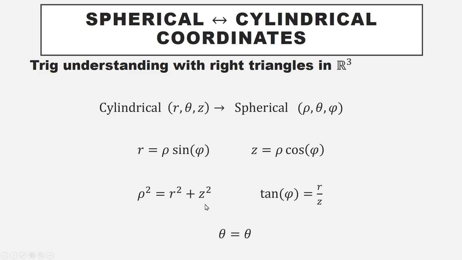This is probably a better way of thinking of it, easier to see anyways than with our rectangular, because this shows us that the triangle we drew has a hypotenuse of rho and legs of R and Z. The other conversion formula that we have is that tangent of phi is equal to R over Z. Again, this comes from this right triangle with two legs of R and Z and hypotenuse of rho.